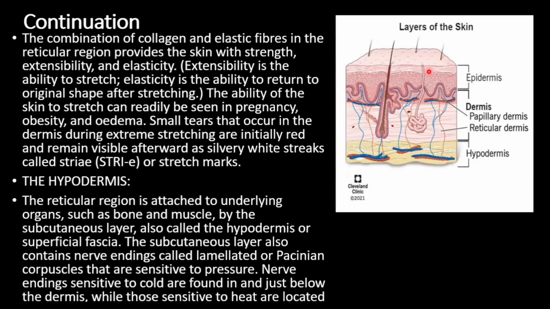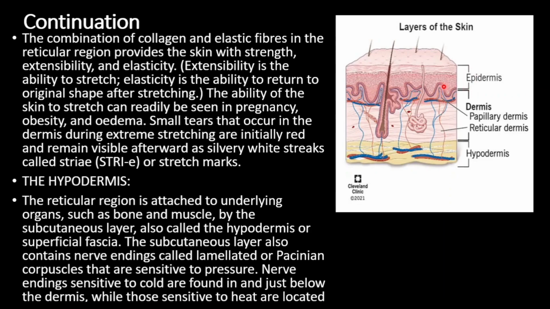So to summarize this lesson, the integumentary system consists of skin, and the skin has three layers. We have the epidermis, we have the dermis, and we have the hypodermis.